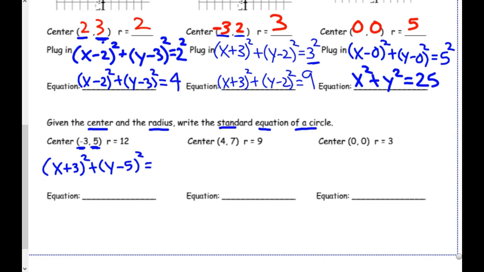Squared equals what? 12 squared. For our final equation, we write x plus 3 squared plus y minus 5 squared equals, what's 12 squared? Who said 24? Oh, 144. Very good.